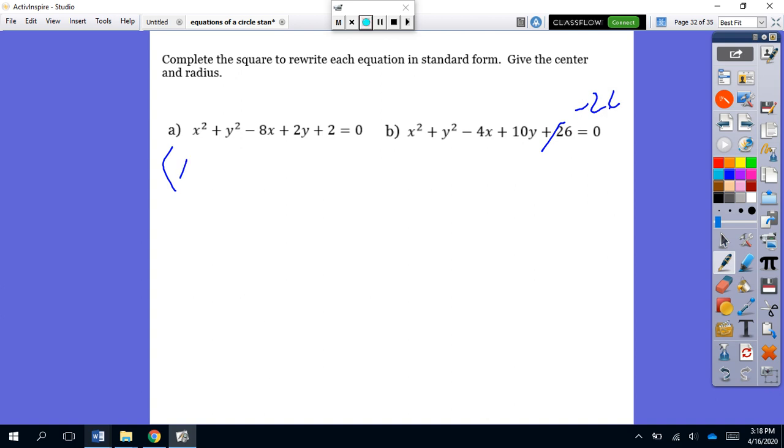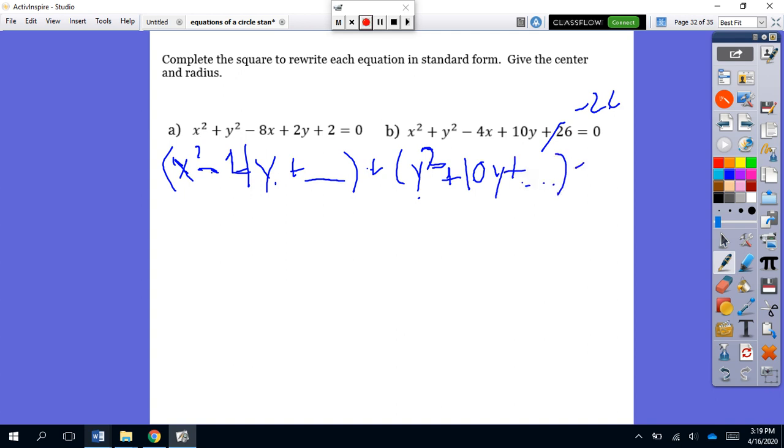So I've got x squared minus 4x plus blank, and this would be y squared plus 10y plus blank equals negative 26.